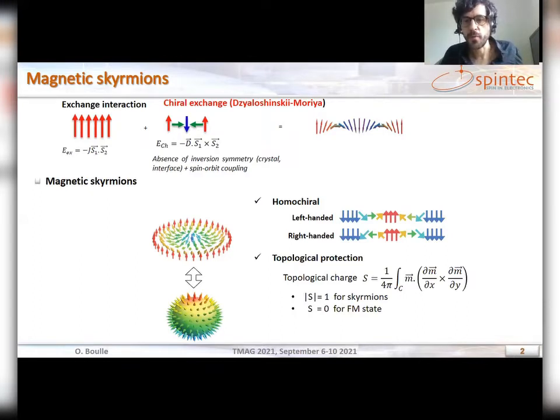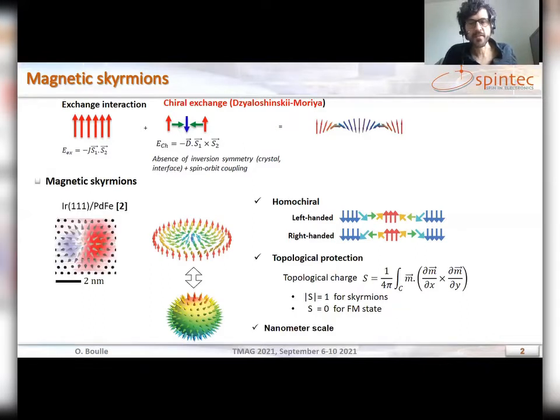This topological property is quantified by the topological charge, which counts the number of times the skyrmion's spin texture is wrapping the unit sphere in the spin space. A skyrmion is mapping the unit sphere once, so this charge is 1, while it is 0 for a ferromagnetic state. And finally, magnetic skyrmions can be very small, down to the nanometer scale, as you can see here on this picture of skyrmions in palladium iron ultra-thin films, which was obtained by the group of Professor Wiesendanger.